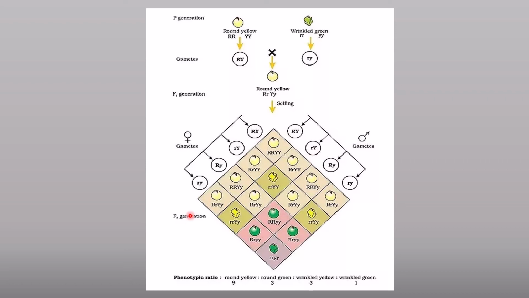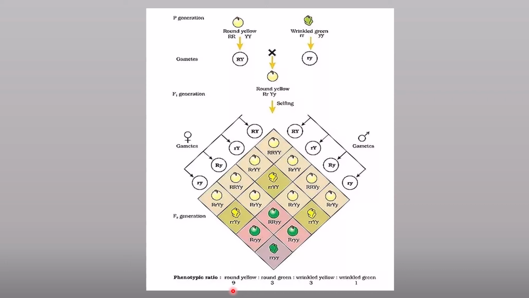These gametes randomly combine in the F1 cross and result in different progenies, and we use the Punnett square to demonstrate or predict all possible combinations of the F2 generation. So here 16 progenies were formed.